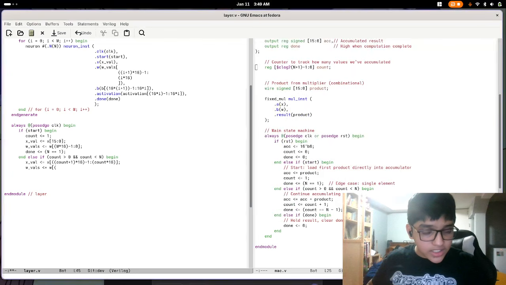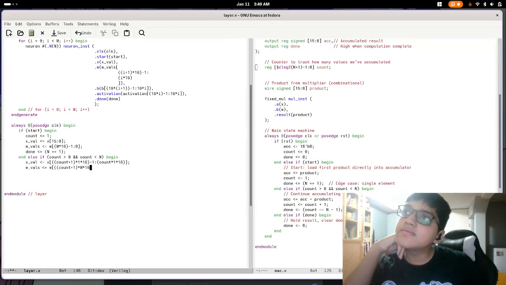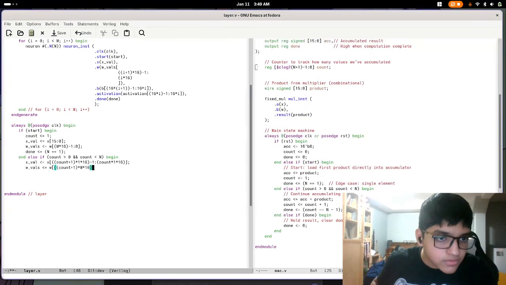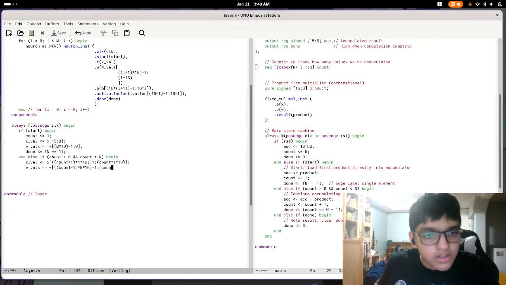So really we can think of this as count plus 1 times m times 16 minus 1 to count times m times 16.